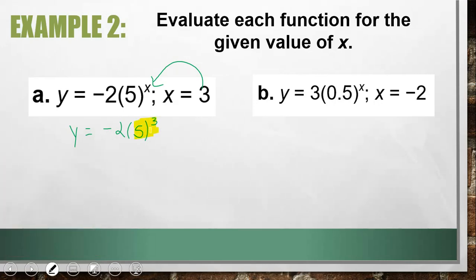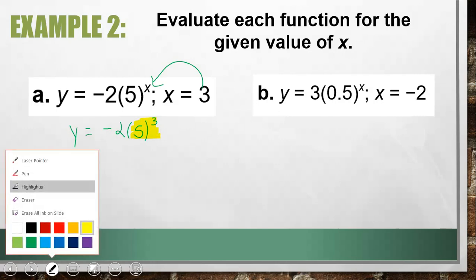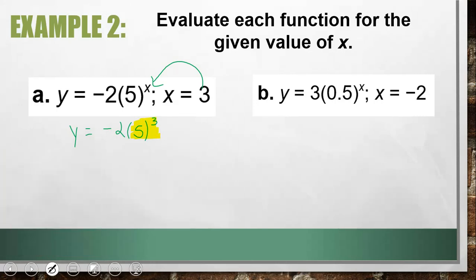So 5 to the third power is 5 times 5 times 5. So 5 times 5 is 25. Times another 5 is going to be 125. And then take that and multiply it by -2, and you're going to get a y value of -250.